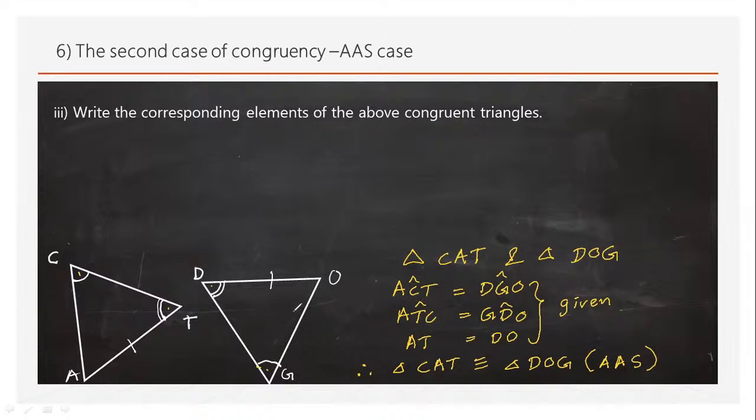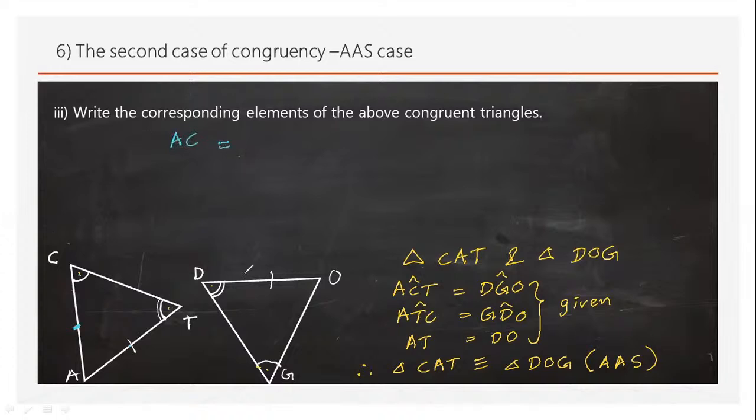Now look at angle ACT, this angle. For this angle, oppositely you can see AT, it is already there. Next, angle ATC, opposite side is AC. Then we can take this side, opposite is AC.